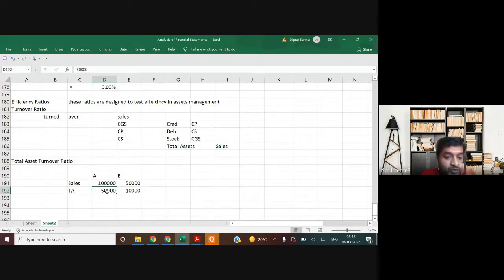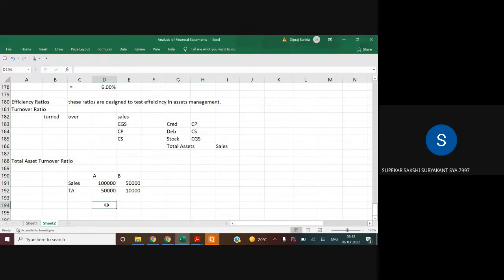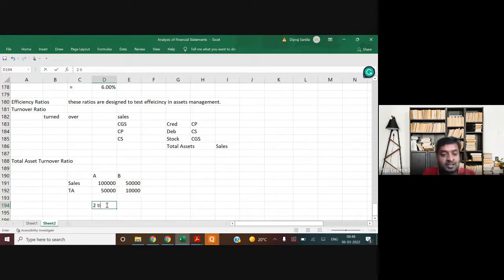With that amount of total asset, it is only able to make sales which are double the total asset, na? So here sales is 2 times the value of total assets.